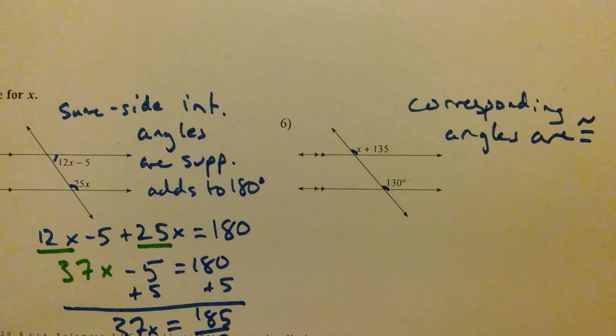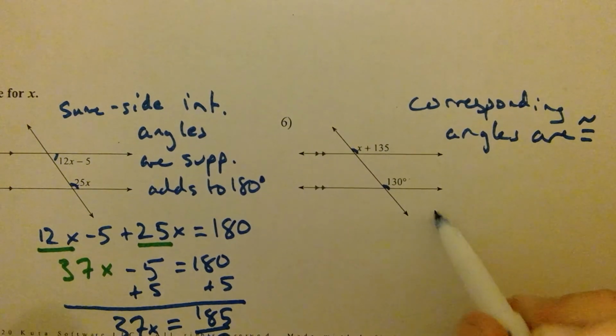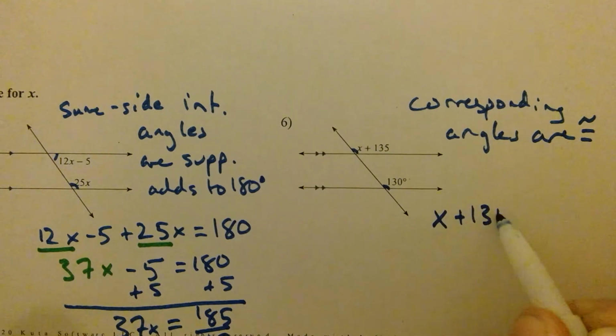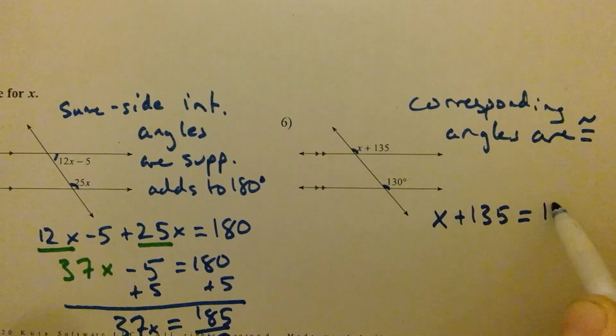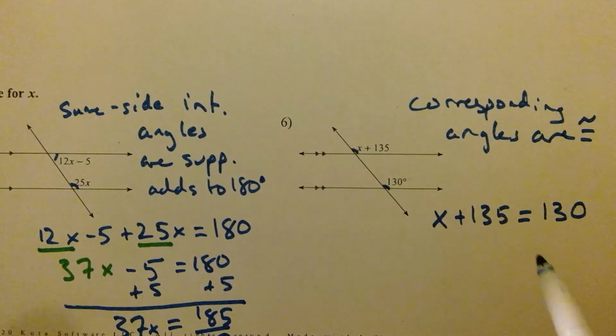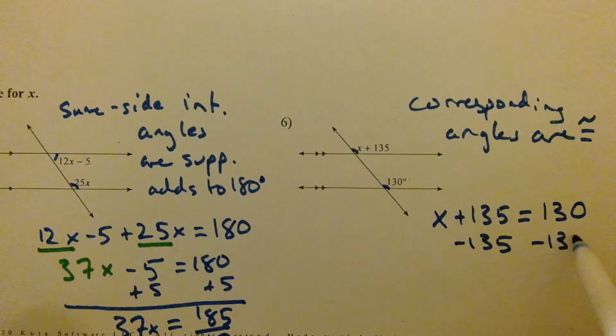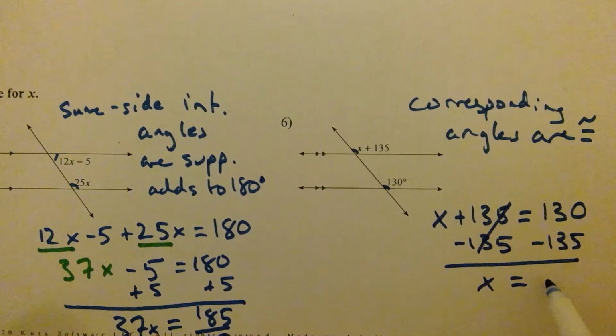So when we're congruent, we do not set them equal to 180. We don't set them equal to 90. We just set them equal to each other. So we have x plus 135 equals 130. Now we've got a pretty straightforward one-step equation. We'll subtract 135 on each side to get x by itself. So x equals -5.